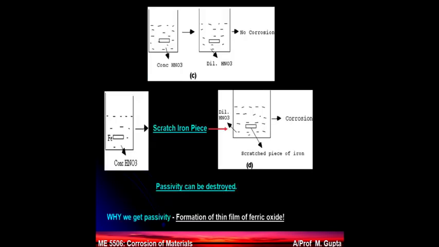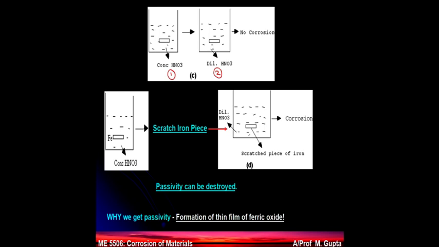He continued his experiment further, and he wanted to see why this element is behaving like that. So he put the piece of iron initially in concentrated nitric acid where it stopped reacting, and then he took the same piece of iron and placed it into another container containing dilute nitric acid, in which originally the piece of iron was corroding.